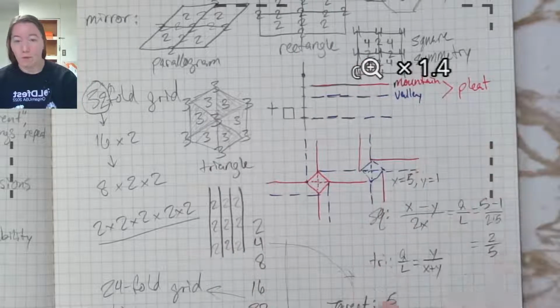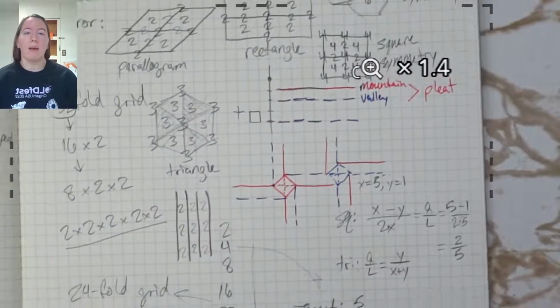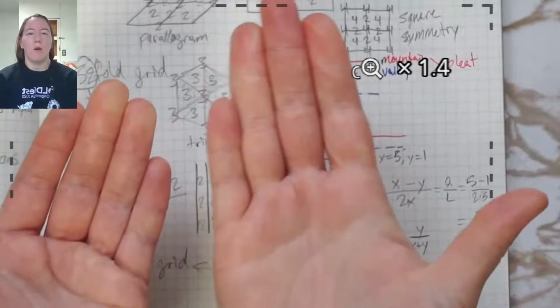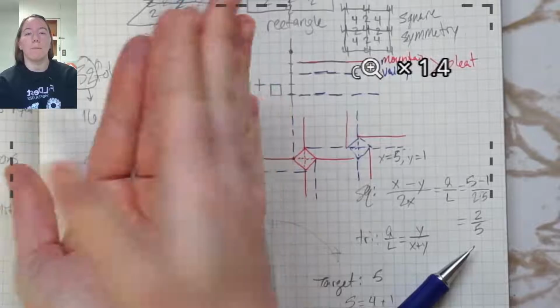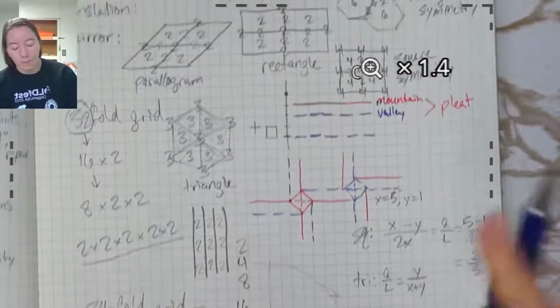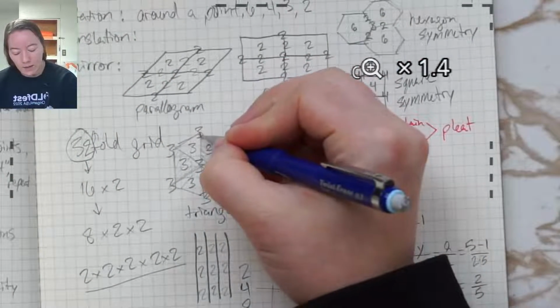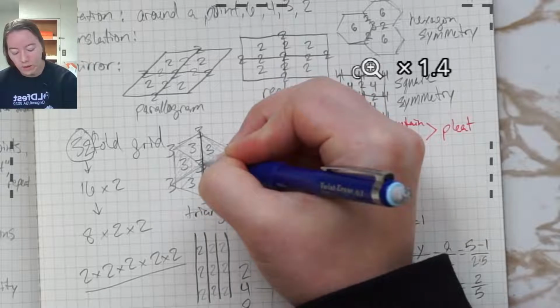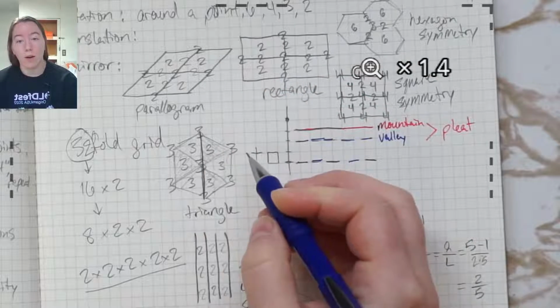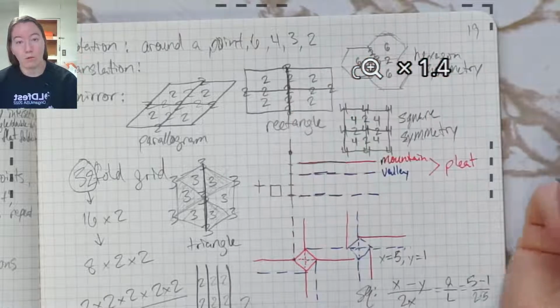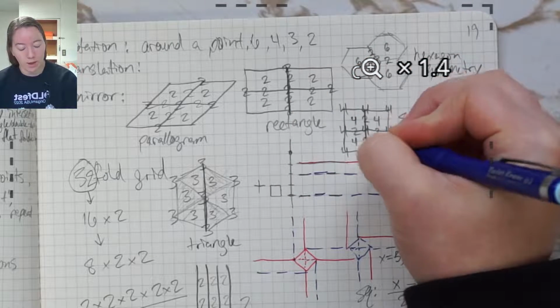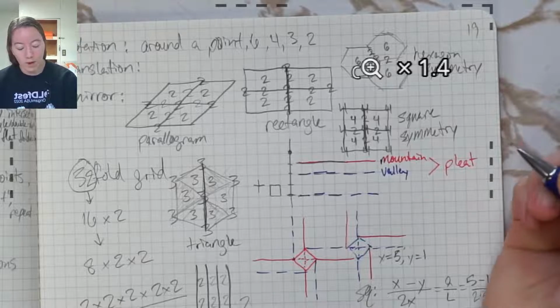We could have mirror symmetries, and that mirror symmetry is like right hand to left hand, mirroring over. We can have a mirror between, like on a line between triangles. We can have it on a line between rectangles. We can have it on a line between squares.